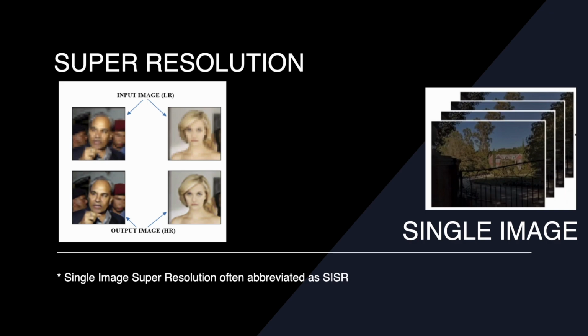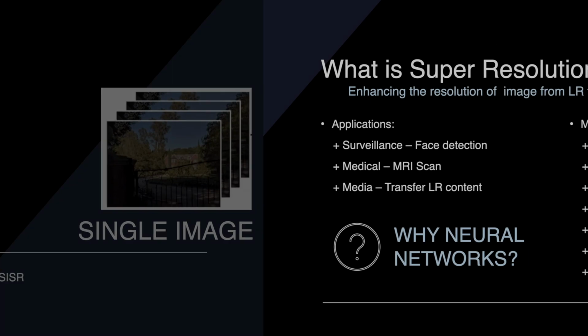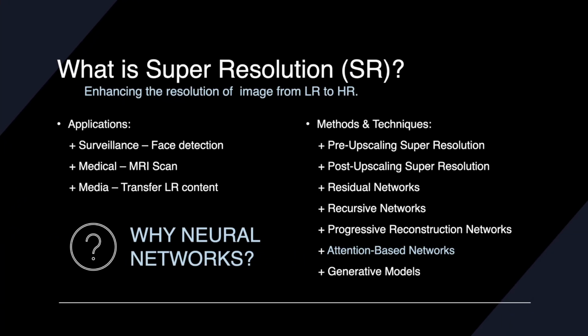So I use all those set of images and perform super resolution and use all the images to come up with a high resolution single image, that used all the set of images made before, whatever it may be. It used all those multiple images, performed super resolution, and gave output as a single image. Basically, super resolution refers to enhancing the resolution of image from low resolution to high resolution.